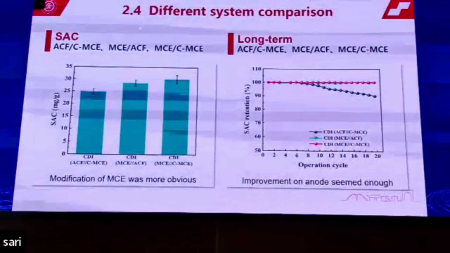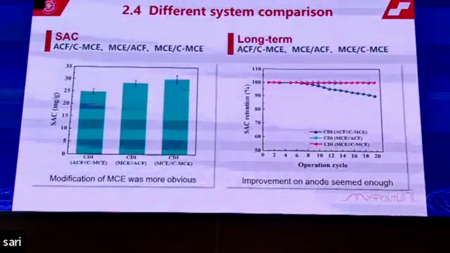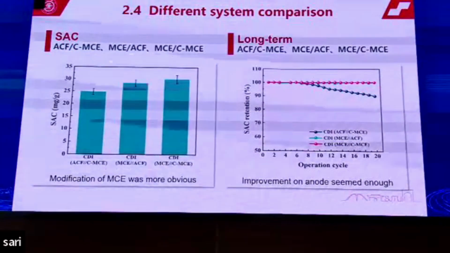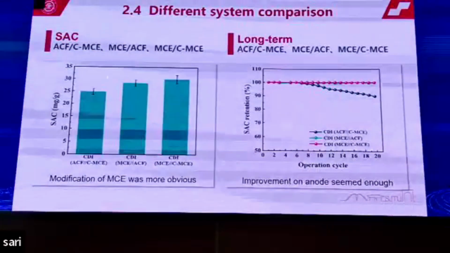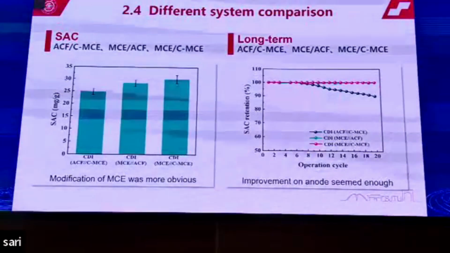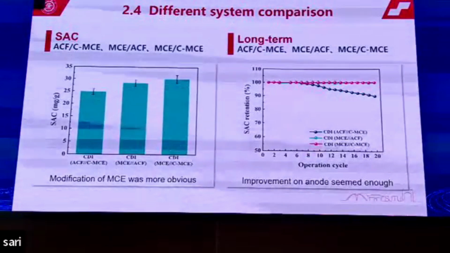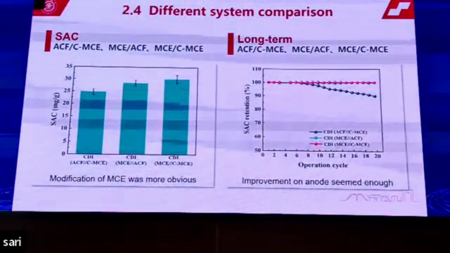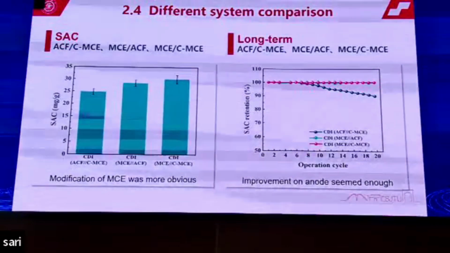So when we prepare these two different materials, we establish three different systems. In the first one, we just changed the cathode in the system, and in the second one, we just changed the anode in the system. While in the third one, we changed both the anode and the cathode.